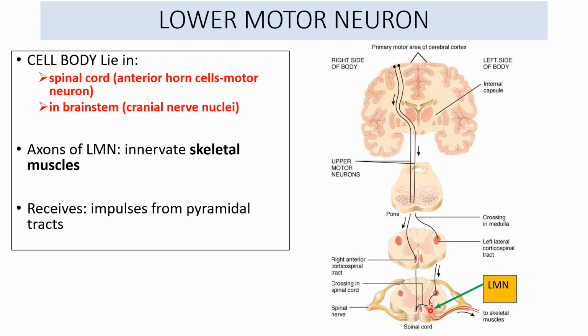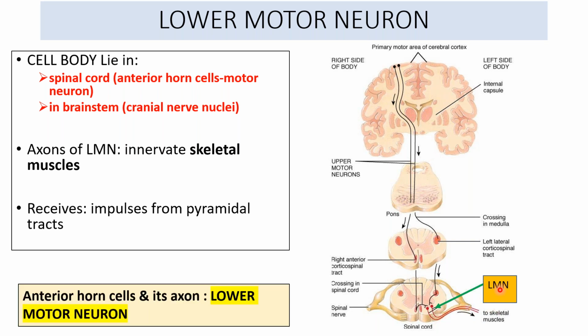So the lower motor neuron is the neuron innervating the skeletal muscle. From the cell body to the peripheral axonal process, this contributes to the lower motor neuron. So the anterior horn cell and its axon is basically the lower motor neuron. This is a very important concept to learn about the corticospinal tract.